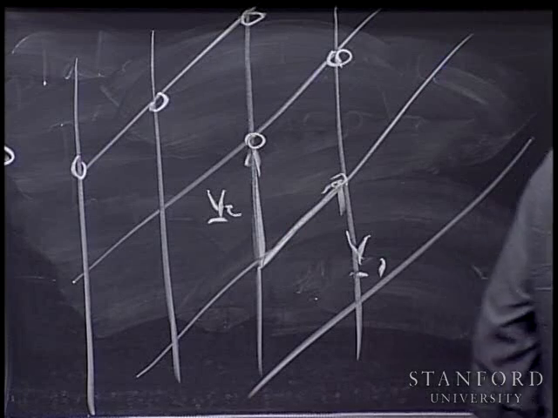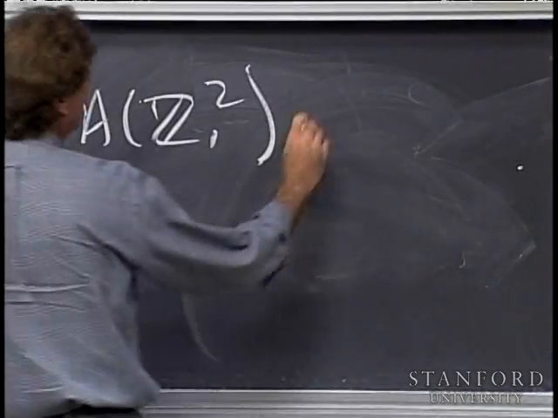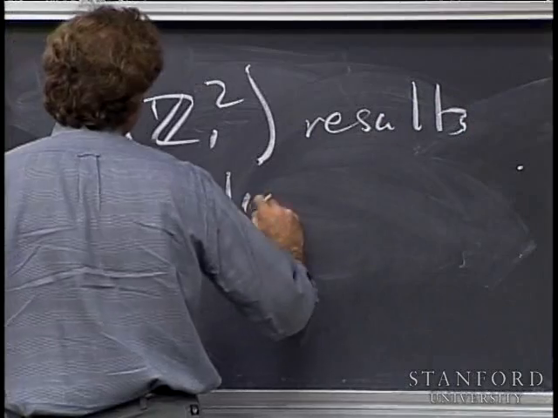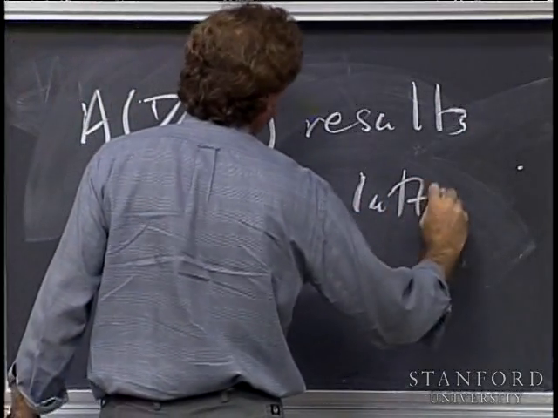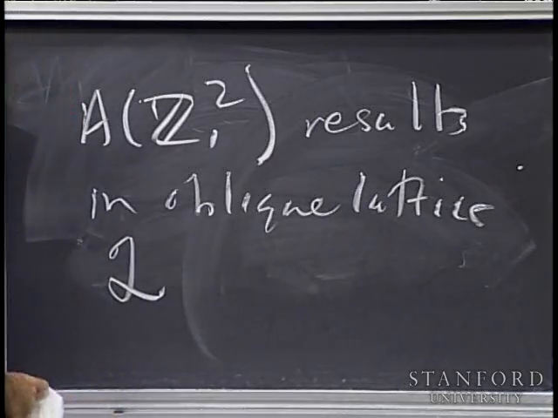So A of Z2. By this I just mean applying A to all the different points in Z2 results in an oblique lattice L. Okay?